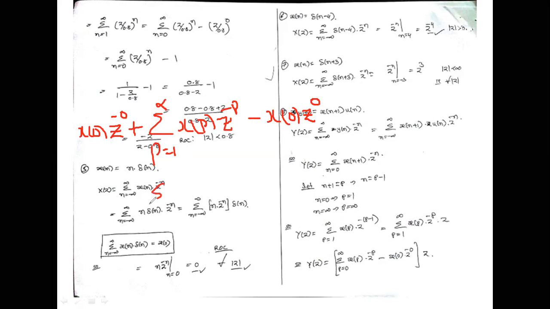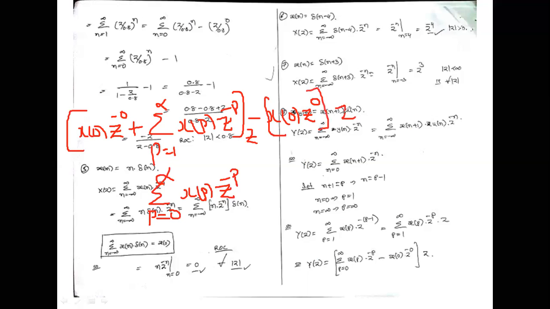So I am rewriting this function as the sum of p is equal to 0 to infinity x of p z power minus p, into z. The z is also there. The whole function is multiplied with z, already we have z power minus p and z power minus of minus 1 gives a z, my dear students.